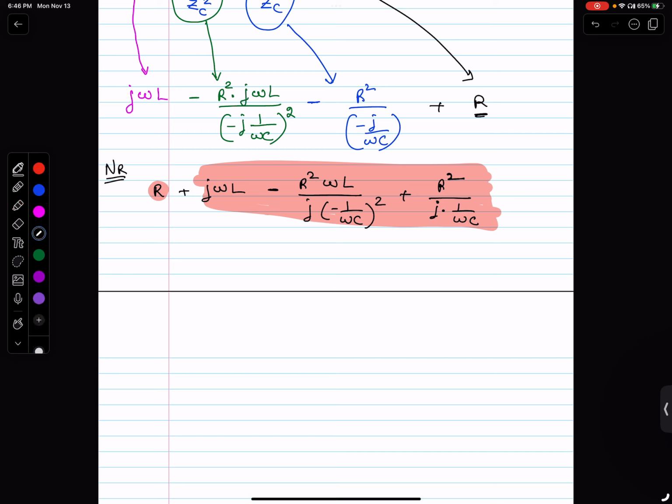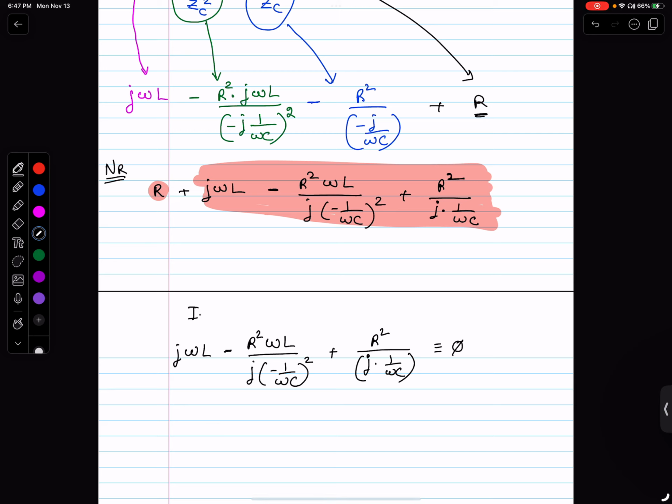So let's do that. j omega L minus R squared omega L by j into negative 1 by omega C the whole squared, plus R squared by j into 1 over omega C, all of this equals 0.